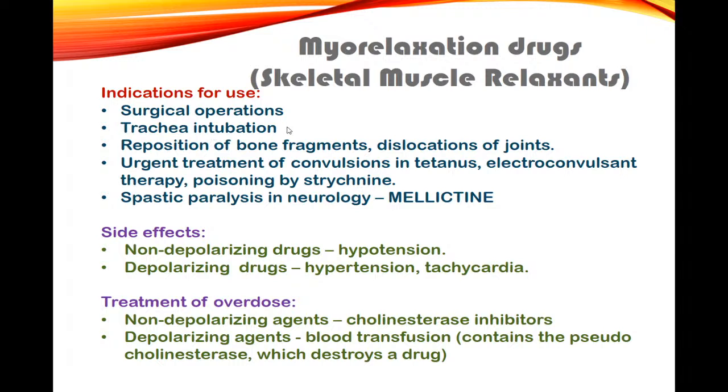And sometimes it's very difficult, especially in sportsmen and in big men and women, because of expressed musculature in the area of neck. That is why we introduce small dose, cause relaxation of muscle, and introduce the tube. But we need for this 2 minutes. That is why we need short action. For example, succinylcholine is very good for this.